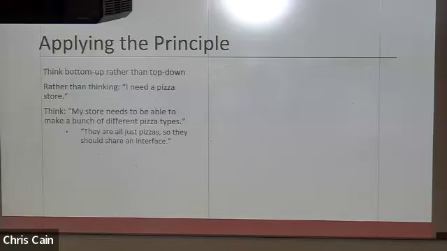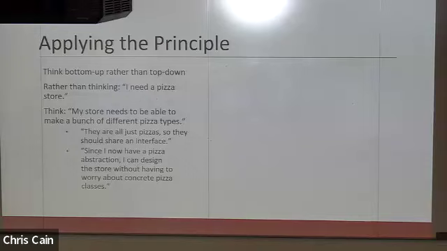That allows you to think, well, if they're all just pizzas, they should share an interface. After you create the interface, you have an abstraction for it. So you can design the store without having to worry about the actual pizza classes. And this becomes the intelligent way to design around this.